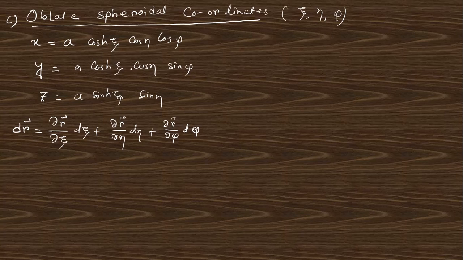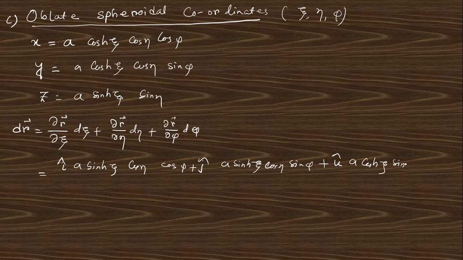Just take the derivative with respect to these and you will get: i cap a sine hyperbolic xi cos eta cos phi plus j cap a sine hyperbolic xi cos eta sine phi plus k cap a cos hyperbolic xi sine eta d xi.